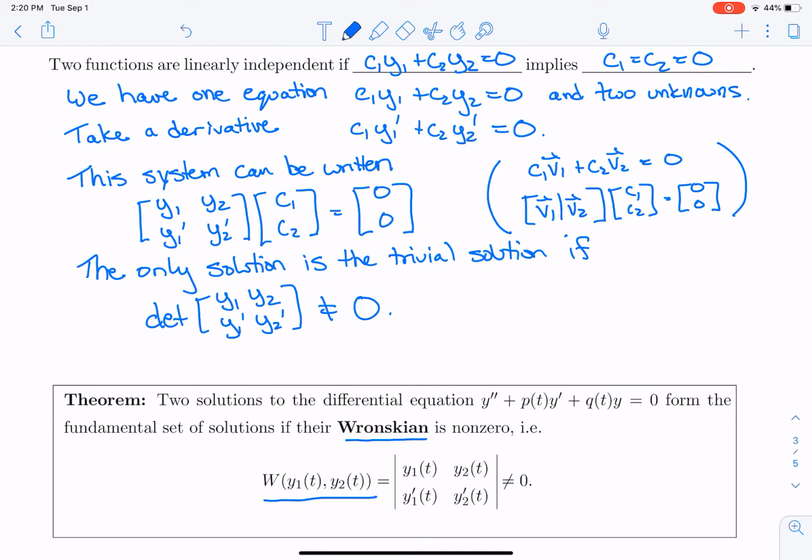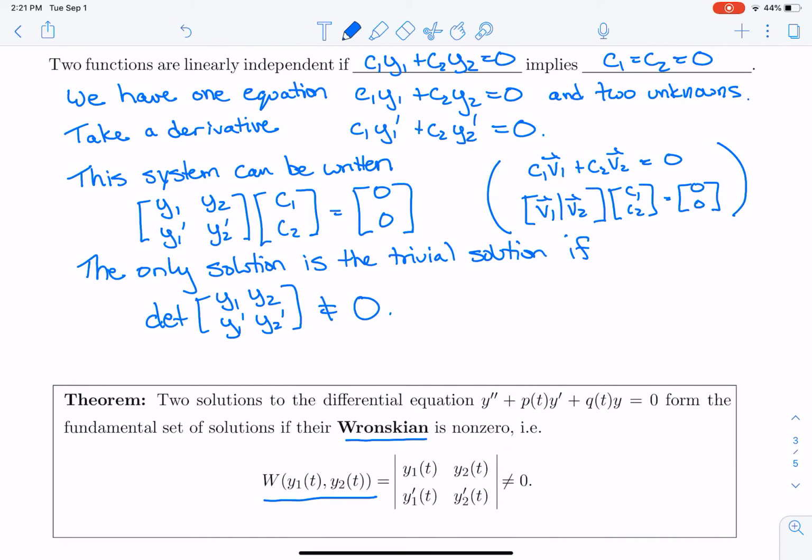But the second thing that we really need is that the two solutions need to span the entire space. Now, the space has a dimension of 2. So if I find two linearly independent functions, then I can say that they form a basis and that they span that vector space.